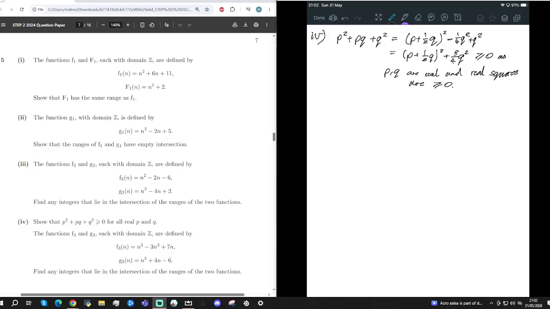So finally we have 2 more functions, f3 and g3, both with domains of z. And again, we want to find where their domains intersect. We have cubics this time.